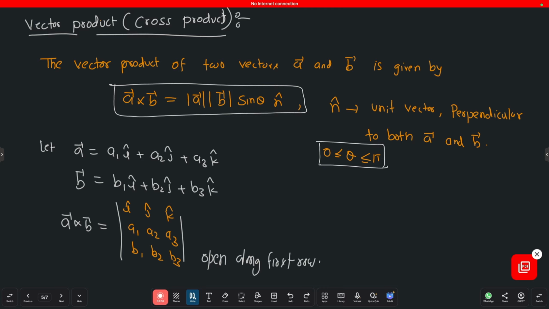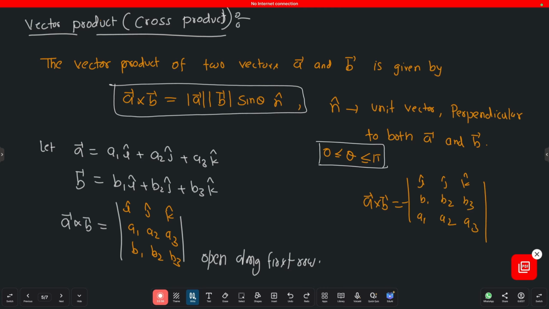Remember the property of determinant: if you interchange any two rows or any two columns, then the determinant will change by a negative sign. So if I do this, A cross B equals i, j, and k. Here I will do the interchange: B1, B2, B3, A1, A2, A3.